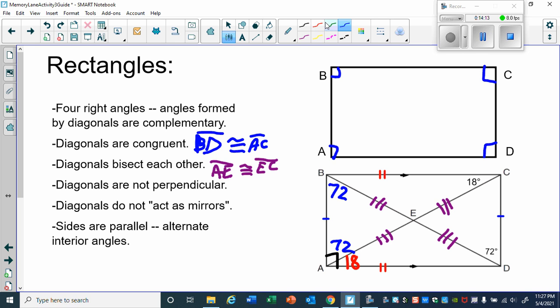And you can say something similar over here as well: 18 plus 72 is 90. Now for the other part of the problem, this angle ABD is 72, then DBC must be 18, because 72 plus 18 has to be 90. And same thing here: BDC is 72, so BDA must be 18.